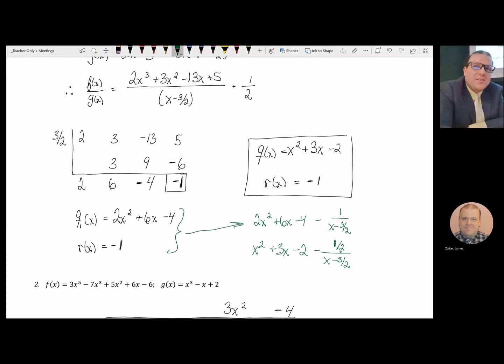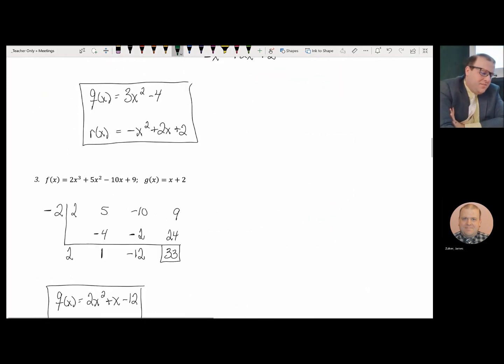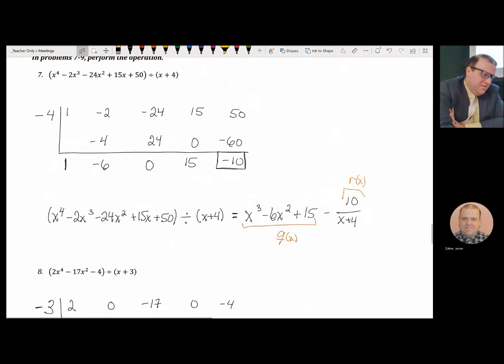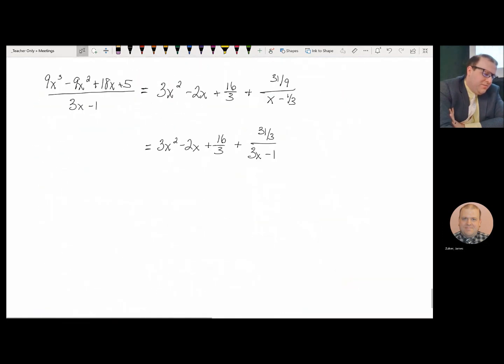Right, because what happens then when you write this as a proper fraction? Which is the same remainder. That would be the final answer. Right, so that's why that remainder stayed as -1. Right, versus here.